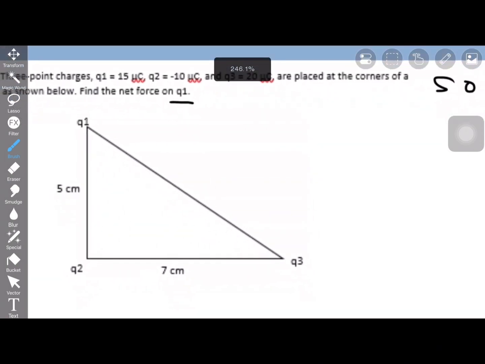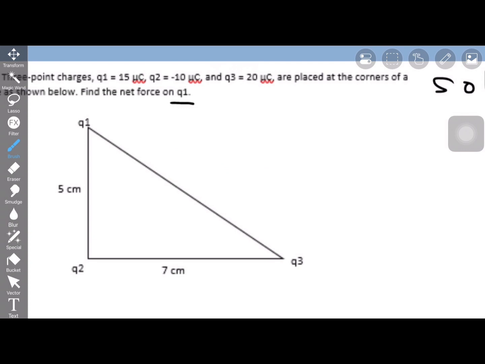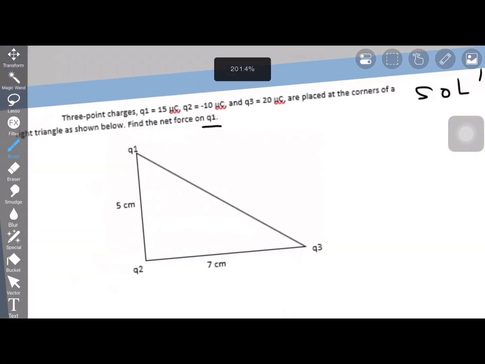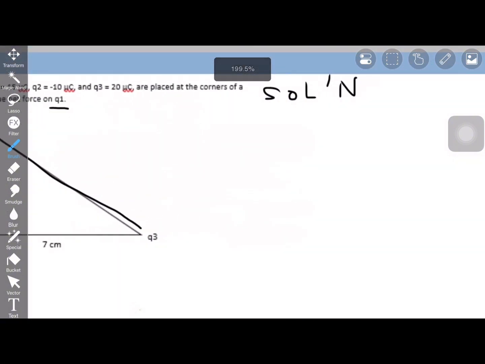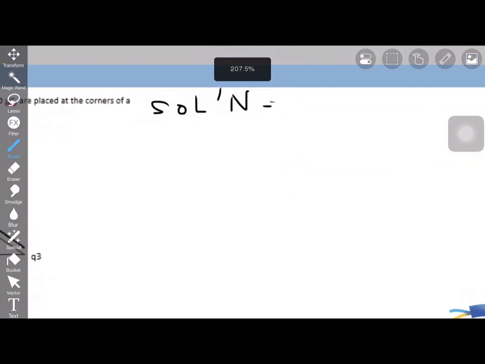So Q2 to Q3 is not really beneficial in answering Q1, but it can indirectly lead us to finding Q1 going to Q3. How? As you can see, we have a right triangle and two given sides. So what do we need to find this side, or rather the hypotenuse of the triangle? And that is through the use of our own Pythagorean theorem.